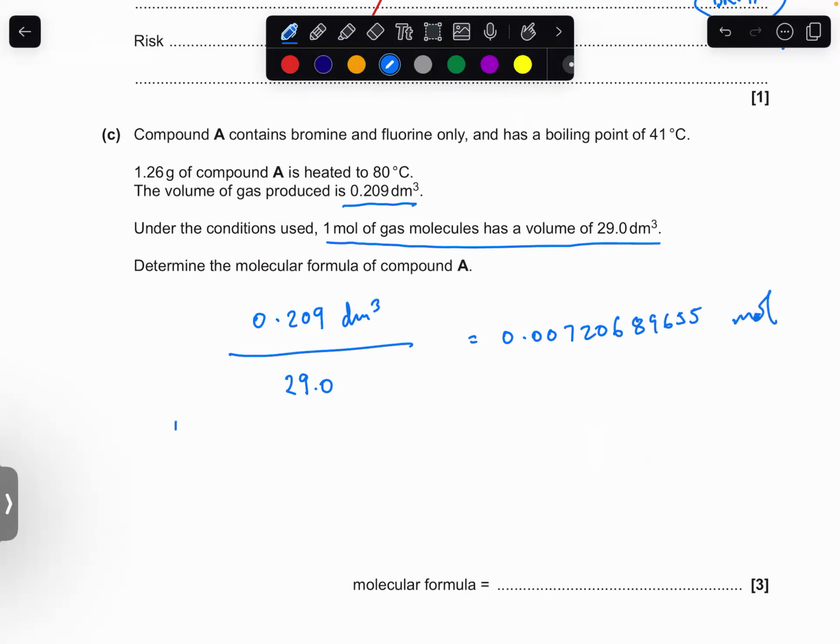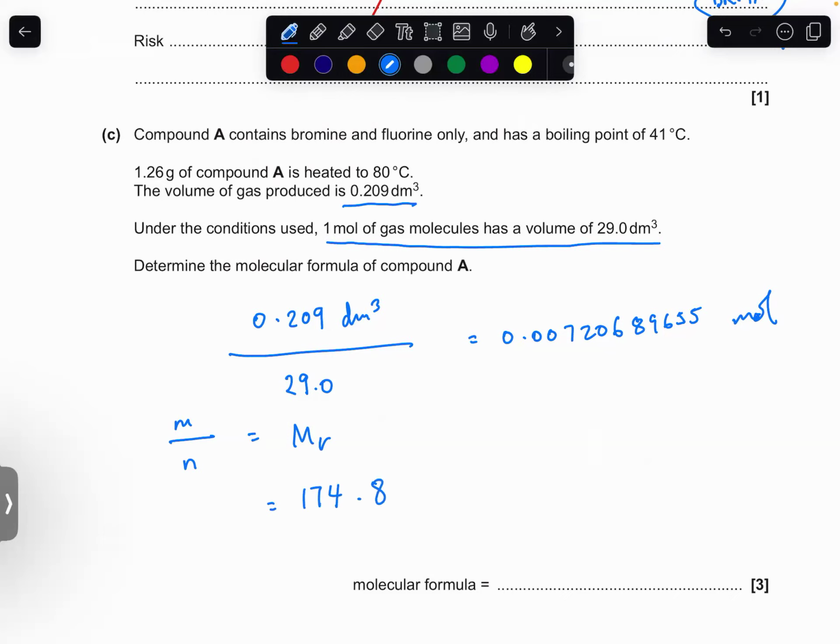We've got the mass of compound A and now we have the moles of compound A. This will give us the Mr. 1.26 divided by that answer gives us 174.8.